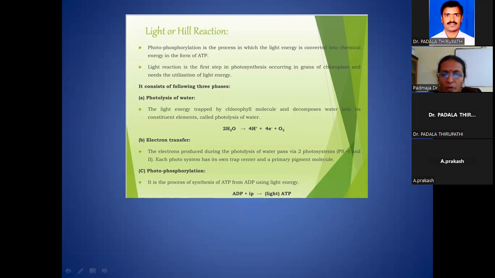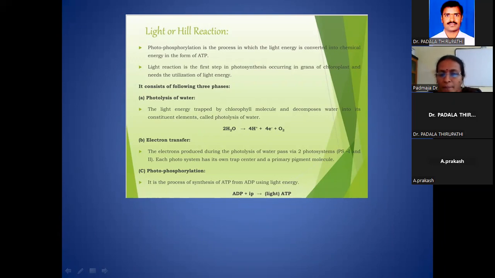Now, photophosphorylation. The coupling of ADP plus Pi is known as phosphorylation. When phosphorylation takes place in the presence of light, it is called photophosphorylation. It is the process of synthesis of ATP from ADP using light energy.